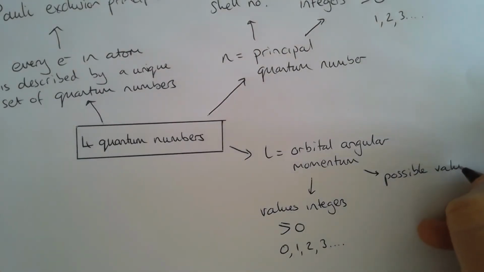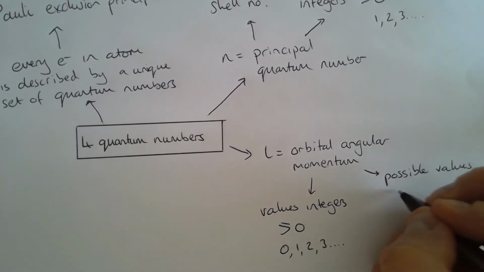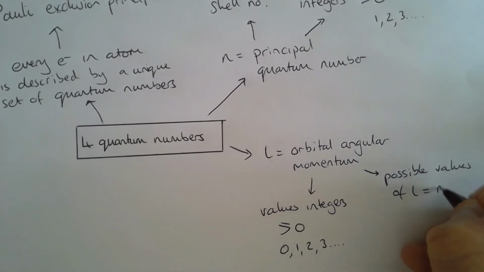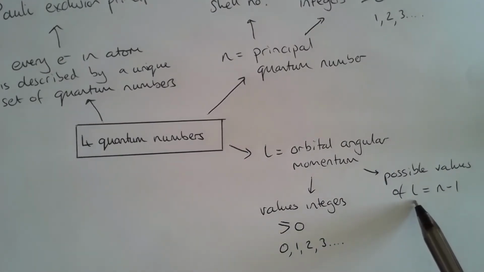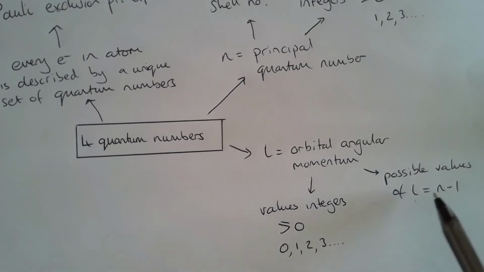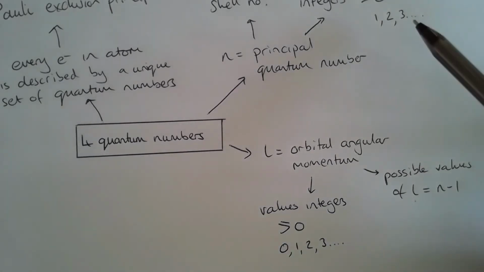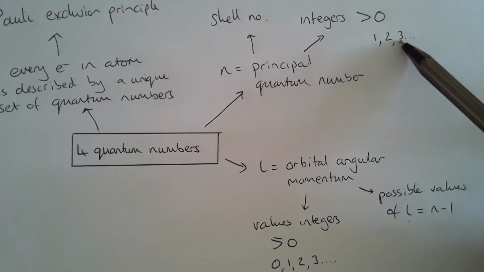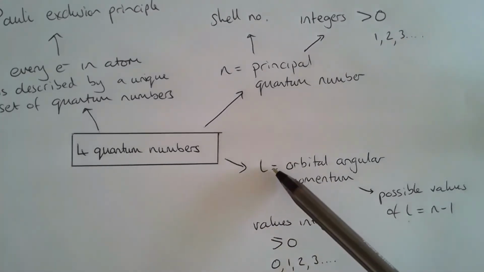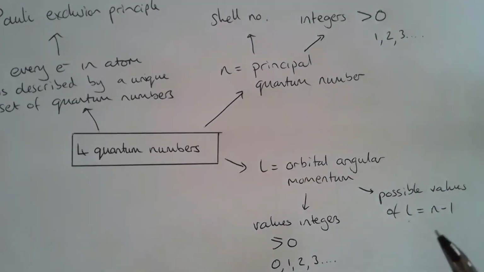The possible values of L are equal to n minus 1. But the fact that L, unlike n, can have a value of 0 means that actually it's the same number. So for example, if we were looking at the principal quantum number of 3, the third shell, then the possible values of L are going to be 0, 1 and 2.